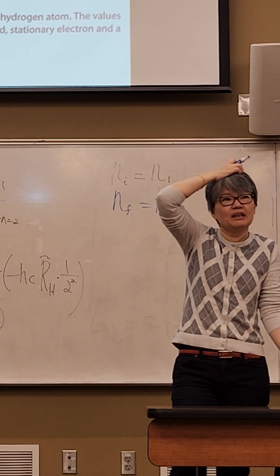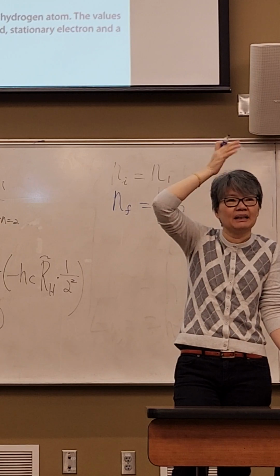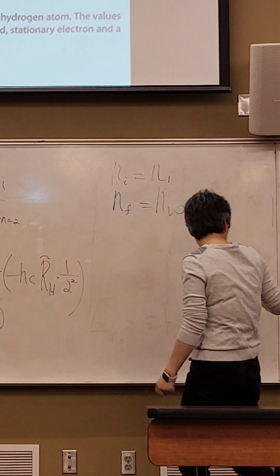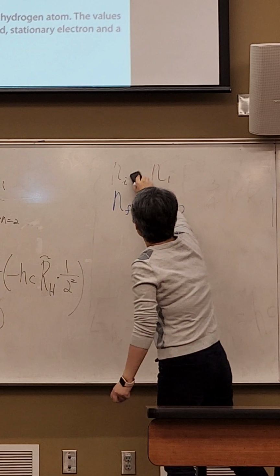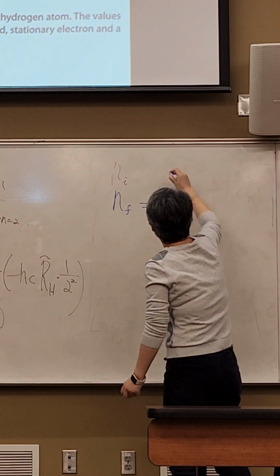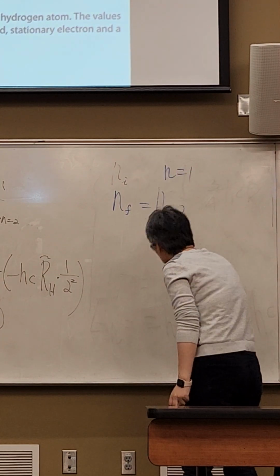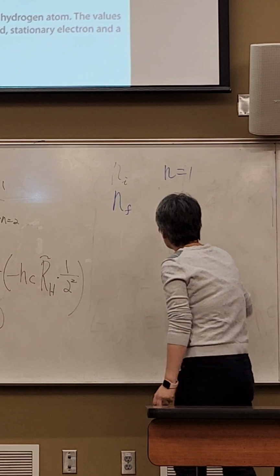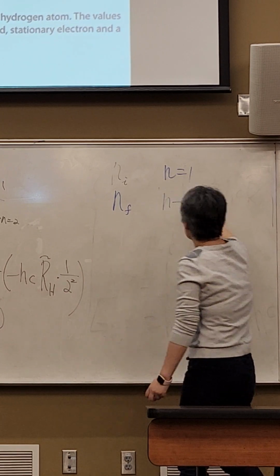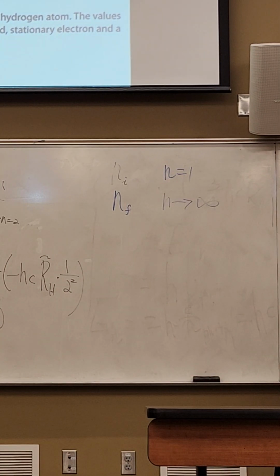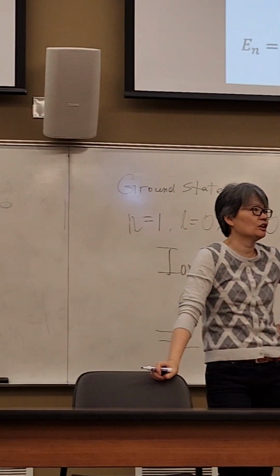I should say the initial state is the ground state, which means n equals 1. Then for the final state, you're looking at when n equals infinity. And that is your ionization energy.